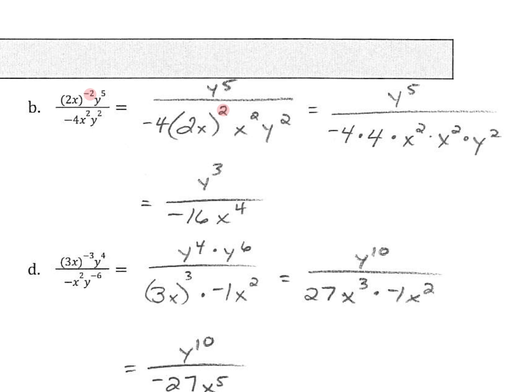We can share this 2 with the 2 here and the x there. When we share it with the big 2, we get a regular 4, and then we get x squared. Now to move to our last step, negative 4 times 4 is negative 16.